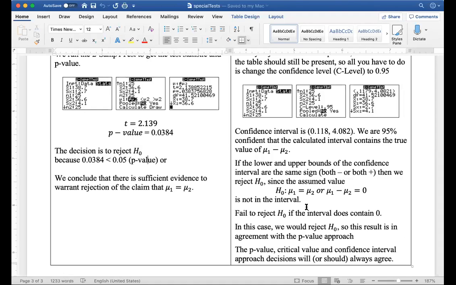With the confidence interval, you will reject H0 if both values are positive, or the upper bound and lower bound are both negative. You'll reject H0. Okay, and fail to reject if the left bound is negative and the upper bound is positive. The p-value, critical value, and confidence interval approach decisions will always agree.